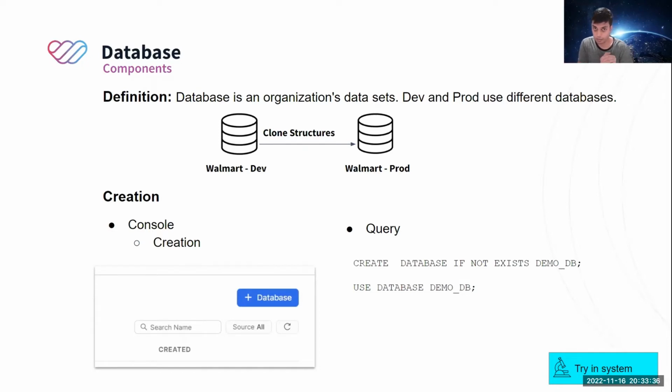The thing is, we don't want to do this for a simple reason: if we give them wrong tables, the trust in our data would go down, and data trust is a huge thing. So what we do is we have a development database where we play, we make new things, we do everything.